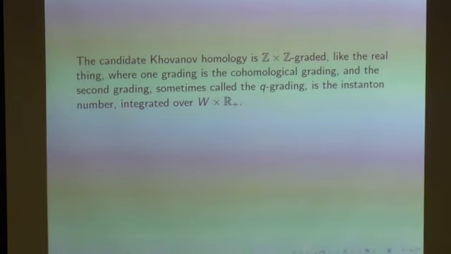The second grading, which is sometimes called the Q grading, comes from the instanton number integrated over an initial value surface. An initial value surface is what we get if we set the time to a constant, like 0. So the initial value surface is W times R plus. The instanton number is the same as it was when we were computing the Jones polynomial.